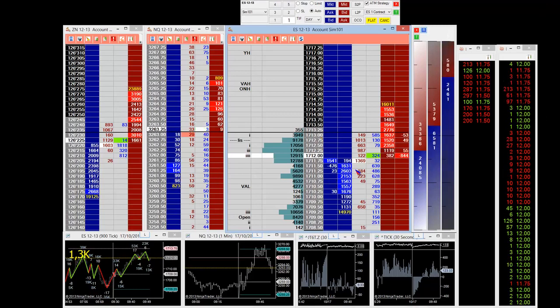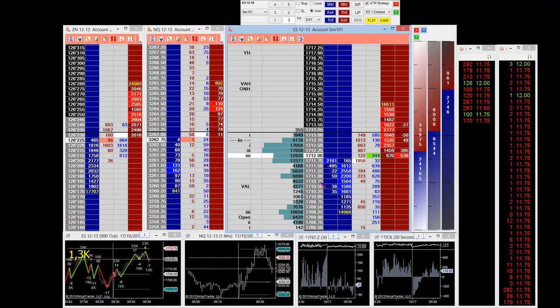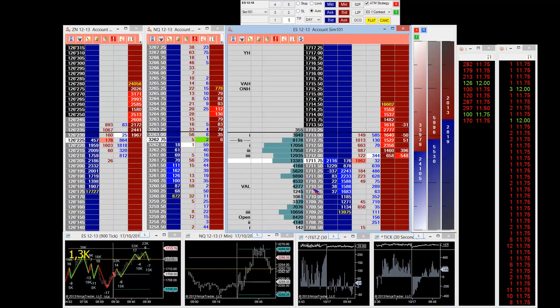So right now, probably the worst place for you to have a stop loss would be 1711.50 or 1711.25, because it's roughly in that area where people are going to bail out. If you've got a stop loss down here at 1710.75, again, there's not much stopping the market going through there.